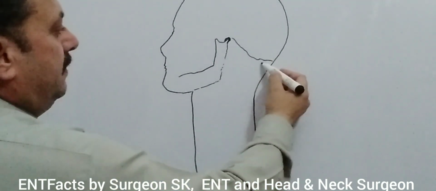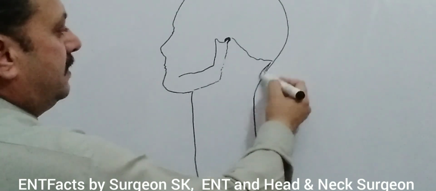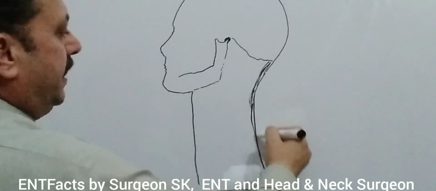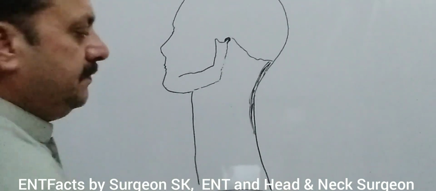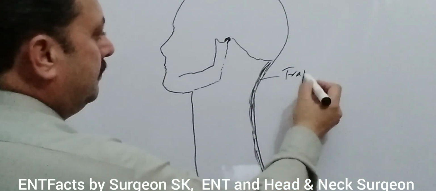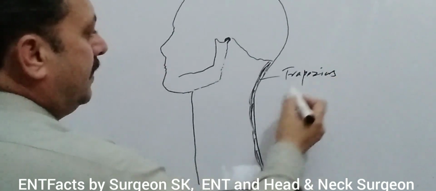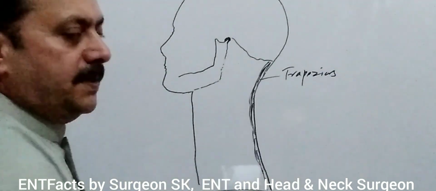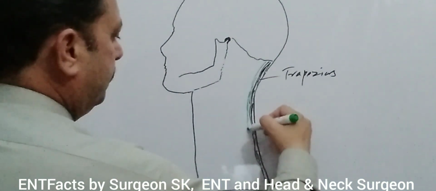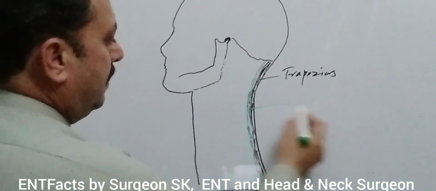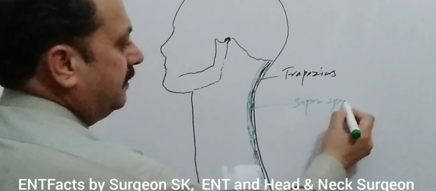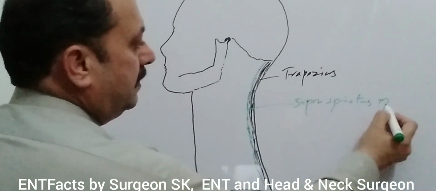Here from the skull, in the back of the skull, there are the muscles of the back. This is the skin, and the muscles of the back like trapezius muscle, and other supraspinatus muscles.